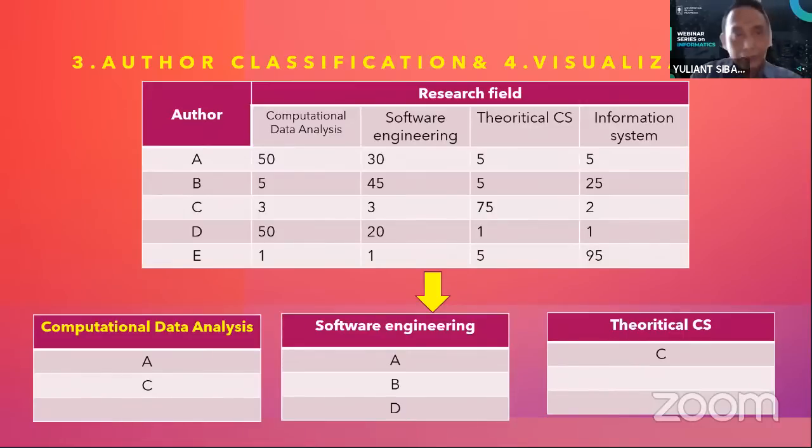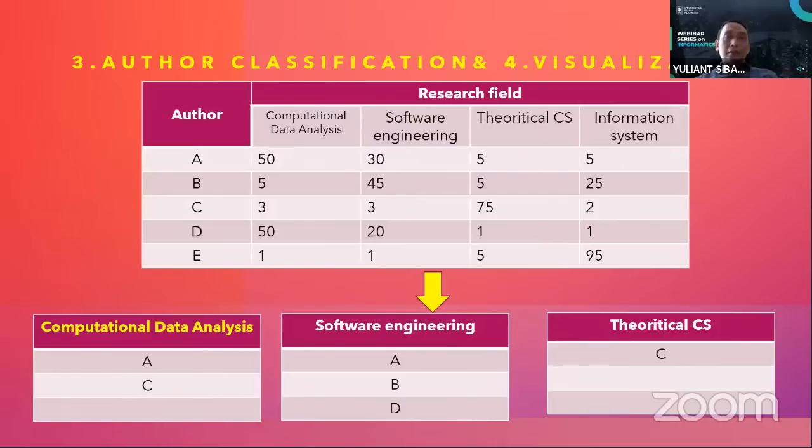Sorry, there's a mistake in this illustration. It should be D, not C. A, E, then N, and D. And in software engineering, the example is there are 3 authors, A, B, and D, because A, B, and D have many publications in this field.